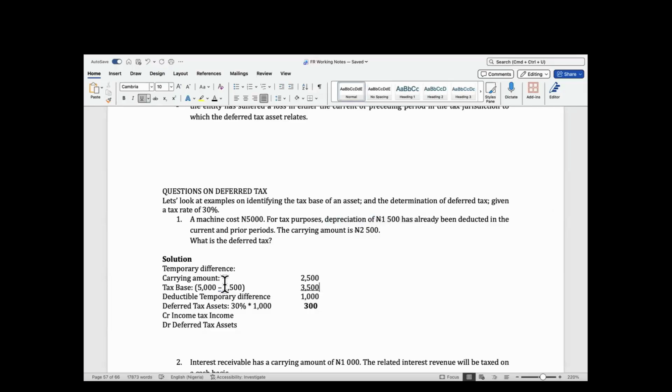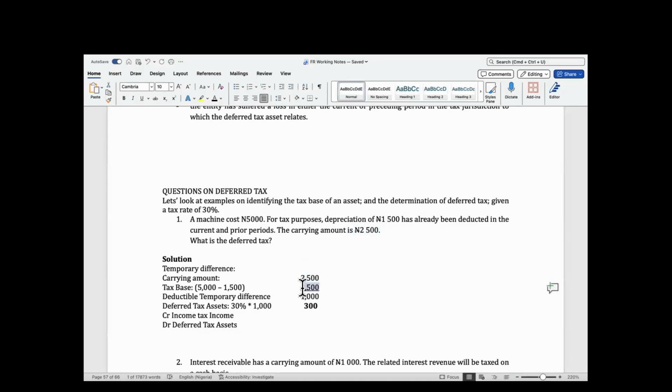Since they have allowed this as deduction, I have to deduct it from my cost to get my tax base. That's how we get tax base for assets. My carrying amount is also cost minus my accounting depreciation, but since the question already gave me my carrying amount, I don't need to do any calculation anymore.